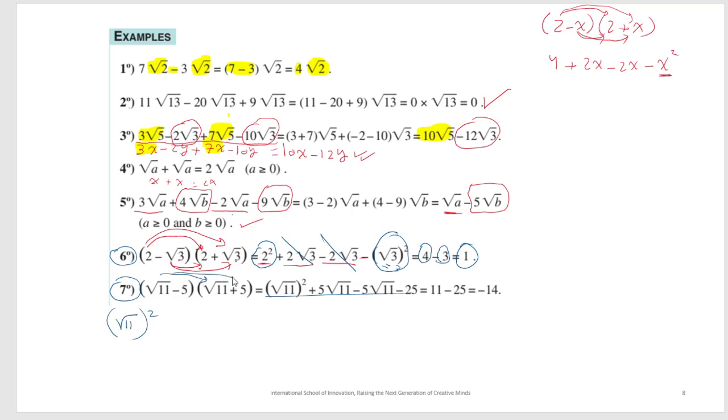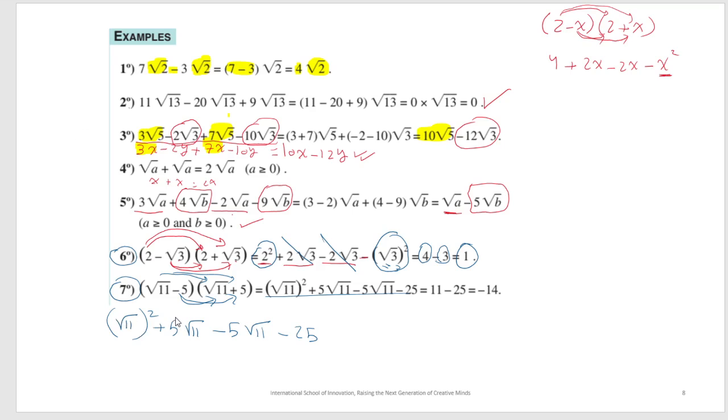Radical 11 times 5 is 5 radical 11. Minus 5 times radical 11, it's minus 5 radical 11. And minus 5 times 5, it's minus 25. Okay, and then simplify.